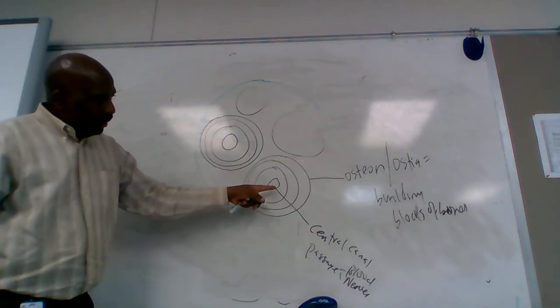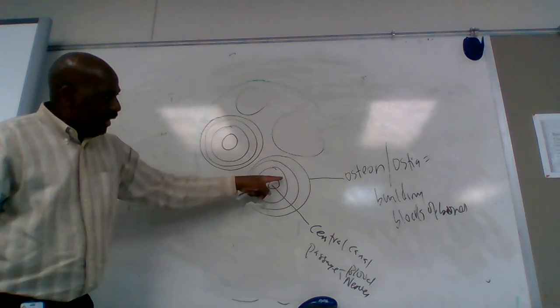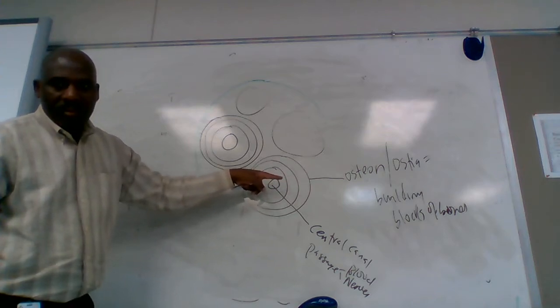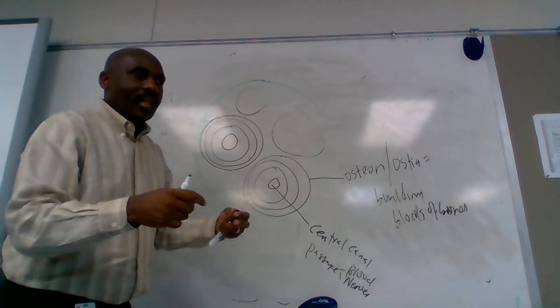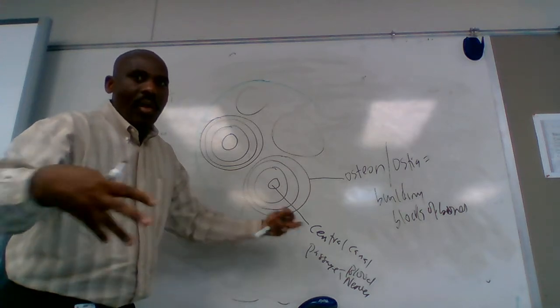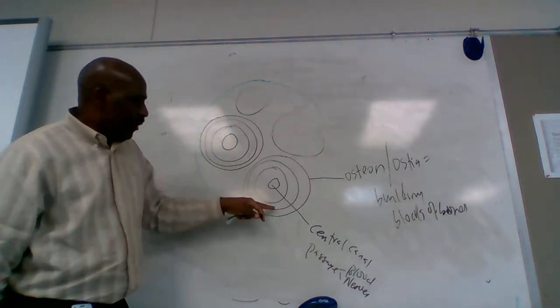Then you can see that just surrounding the central canal, we have these rings. They are called concentric rings. Concentric means that they start from the inside and they move outwards.